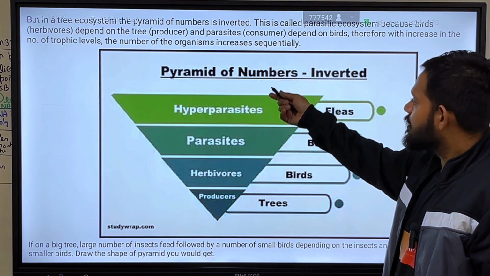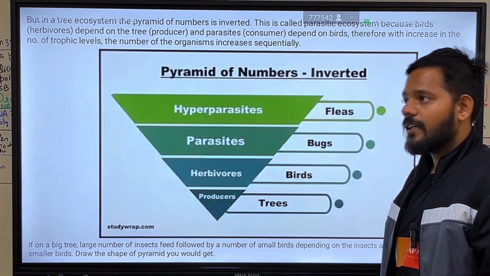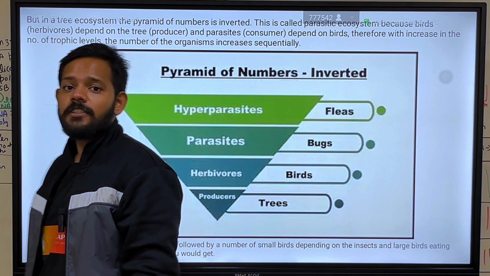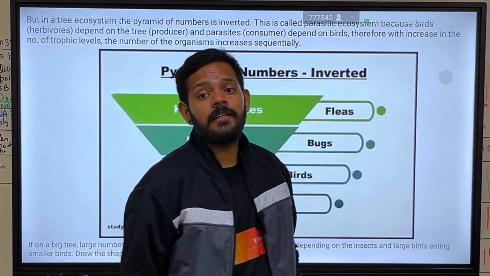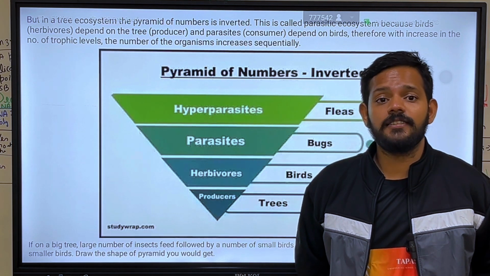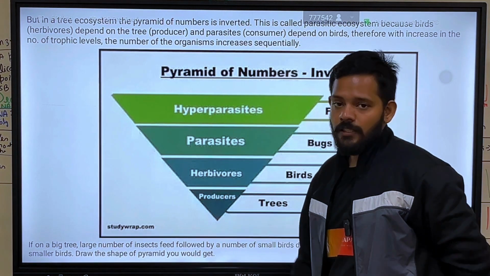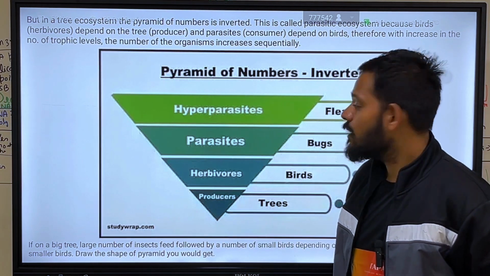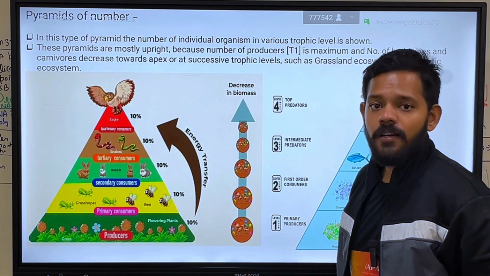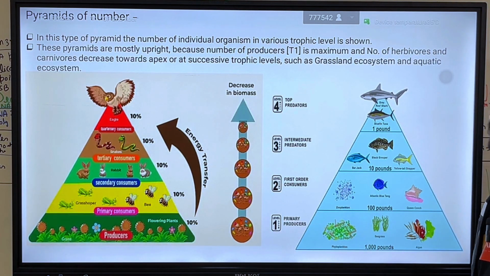So the pyramid of number of a tree is always inverted, and sometimes this type of question is asked: which ecosystem has an inverted pyramid of number, and the answer is the tree ecosystem, because a tree is a single thing, not in large amount. So this is the ecological pyramid of number for a tree ecosystem, this is for a forest ecosystem, and this is for an aquatic ecosystem.